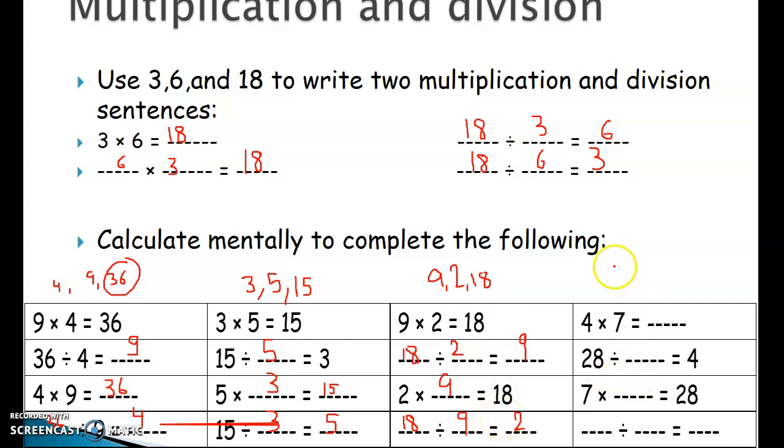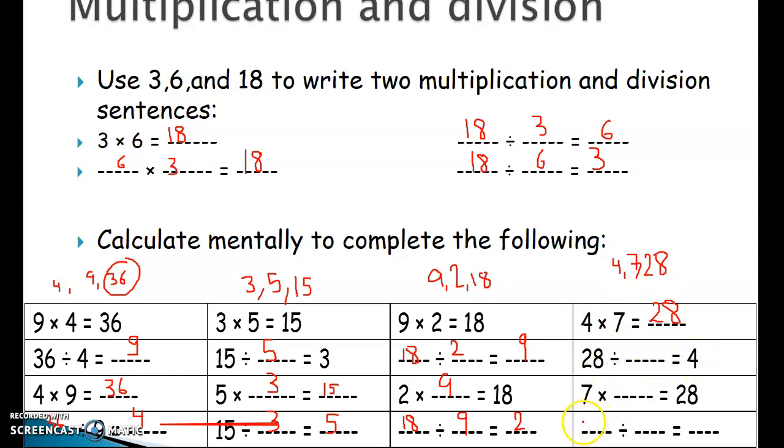The last one, also you will use just the numbers 4 and 7, and the total is 28. Do you know 4 times 7 from the multiplication table equals how much? 28. Okay. 28 divided by which number equals 4?